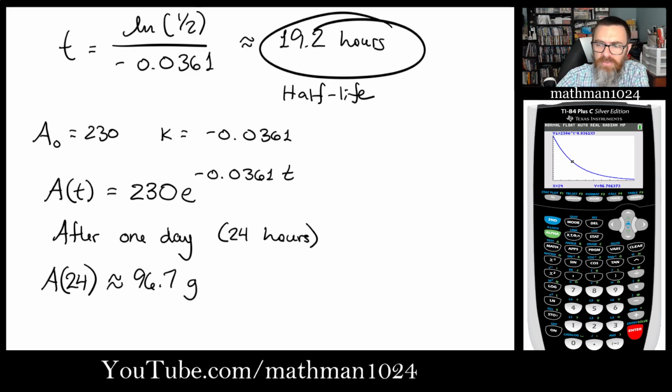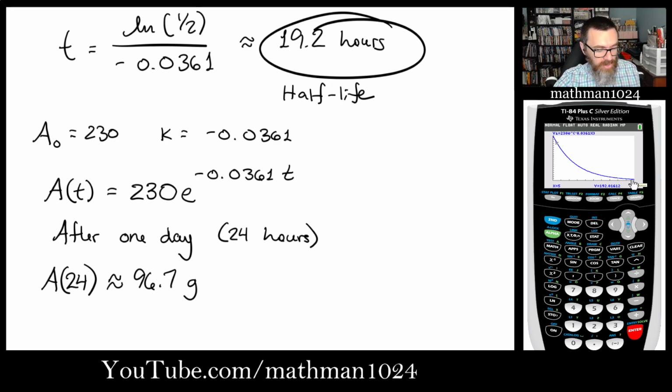Let's check the half-life here. 19.2 should give me half of 230, so 115. Again, it's not exactly 115, but it's close enough. And after 5 hours, the original problem said we had 192 grams left. So yes, everything is matching up here.